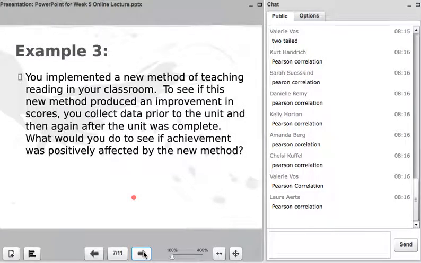Okay. New method of reading. You want to look for an improvement to see if the new method produced an improvement in score. You collect data before the unit and then again after the unit. What would you use if the achievement was positively affected?